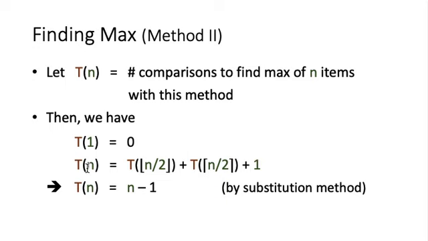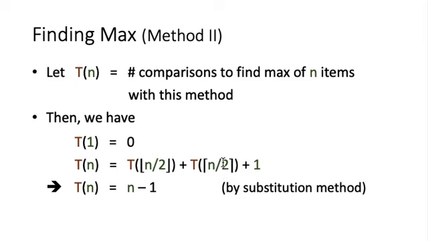For T(n), first of all, we divide the array of n numbers into two groups. One group has n/2 items and the other has another n/2. To be more specific, one group has floor(n/2) items and the other group has ceiling(n/2) items.